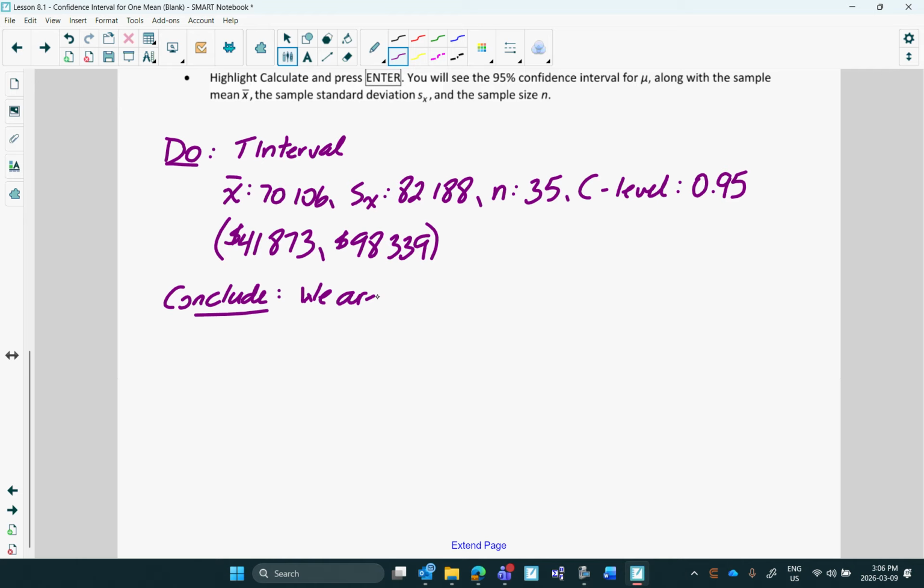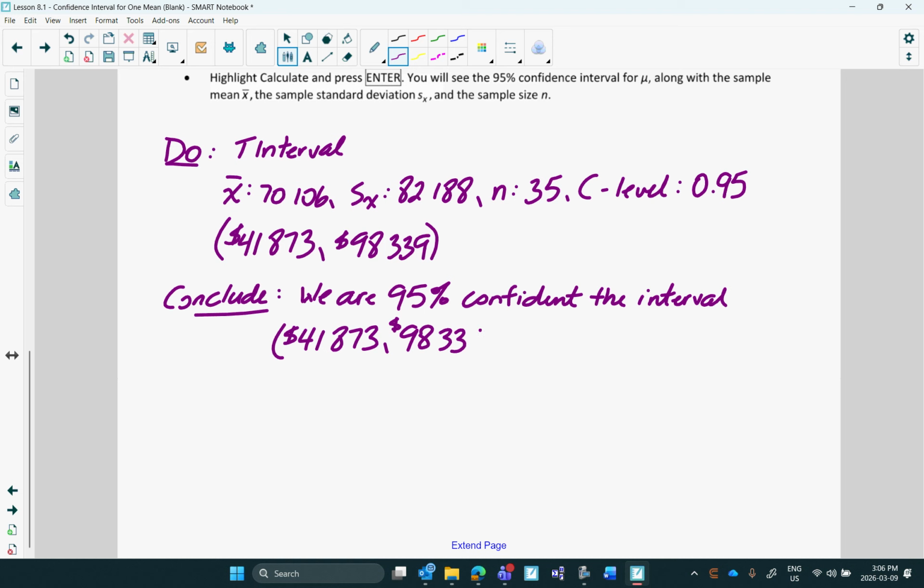We are 95% confident the interval 41,873 to 98,339 captures the mean YouTuber salary.